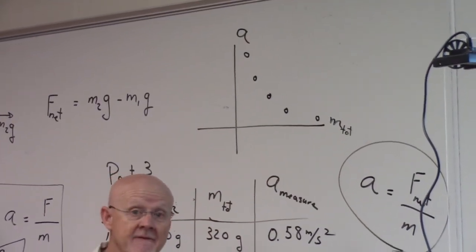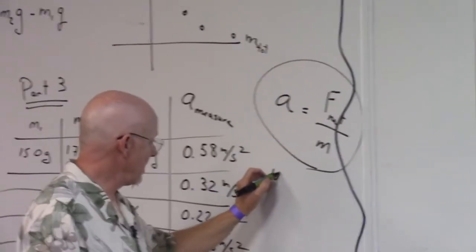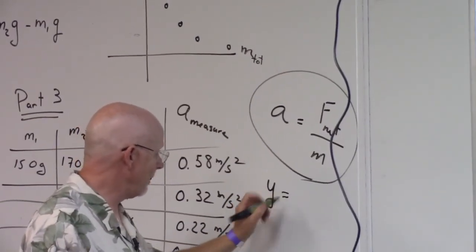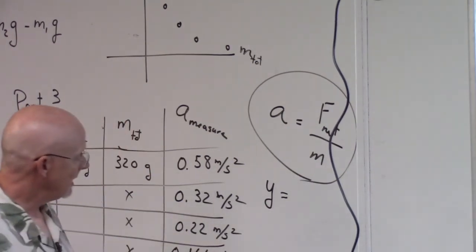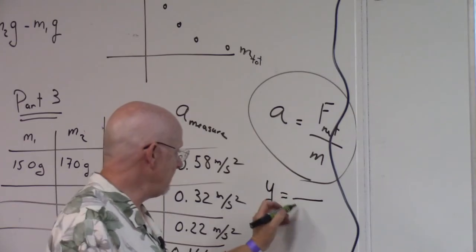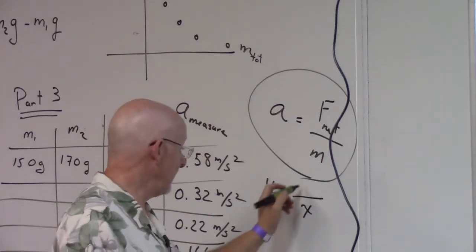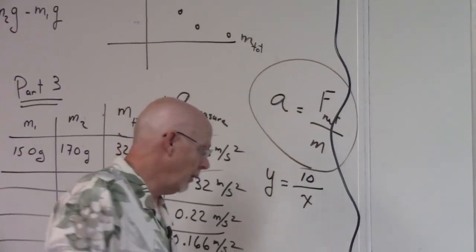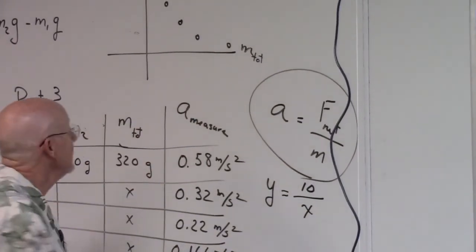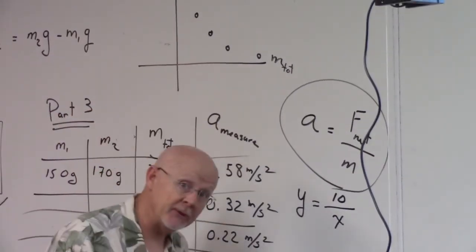Because an inverse proportion plot, and maybe I'll just remind you from your algebra class, if you have something that says y equals something over x, I'll just make up a number like 10 over x, it has this dropping down hyperbola shape.